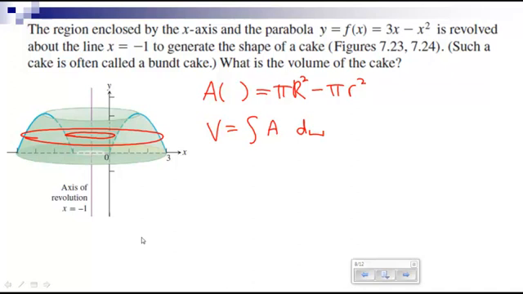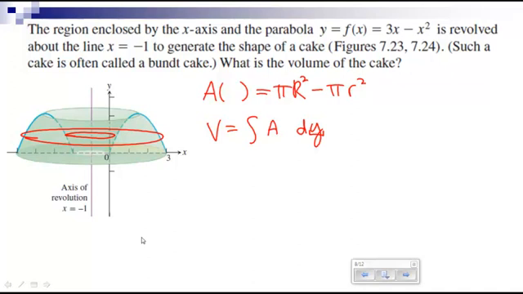How would I measure the distance between my fingers? Would I measure it as a distance in the x direction or in the y direction? That's important because that means this differential is dy, because that differential represents the thickness of that washer.